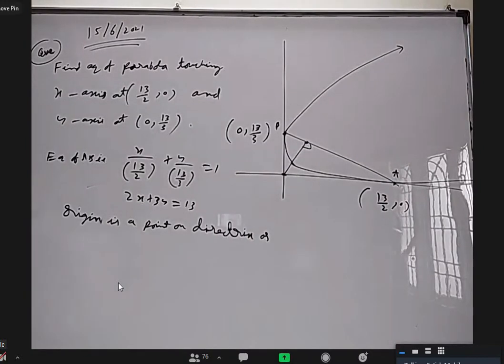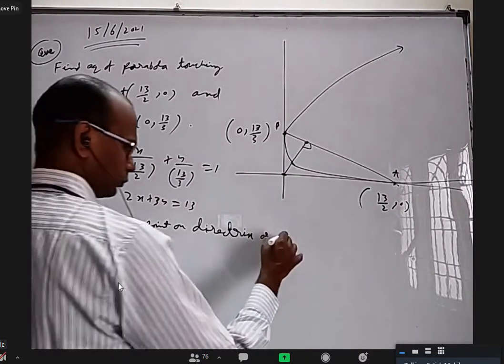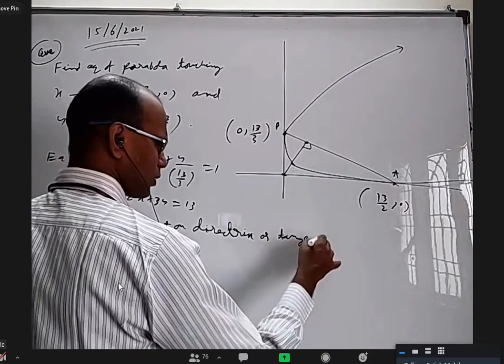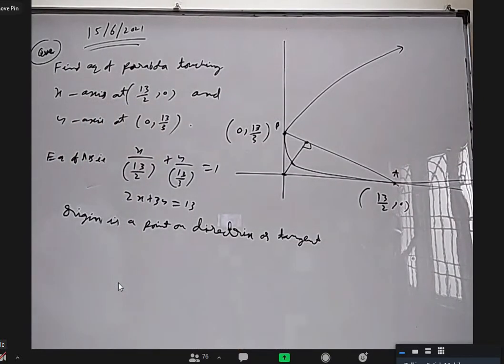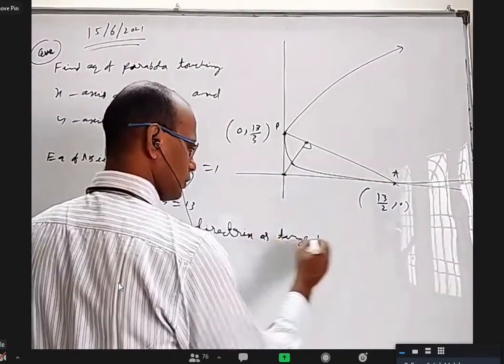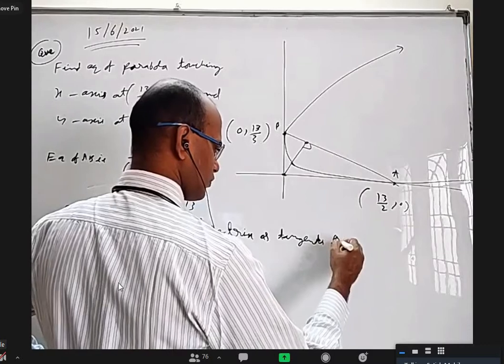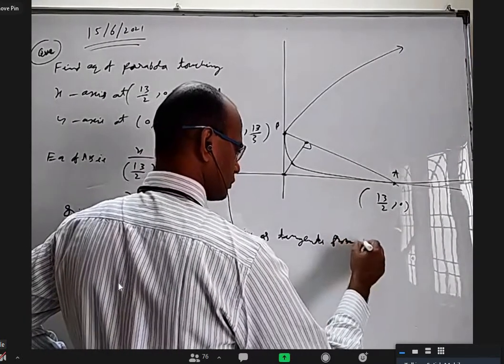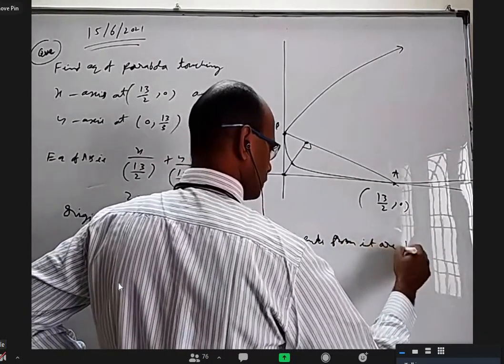Origin is a point on directrix as tangents from it are perpendicular. From an external point, if you draw two tangents, if they're perpendicular to each other, it should be on the directrix. So origin is a point on directrix as tangents from it are perpendicular.